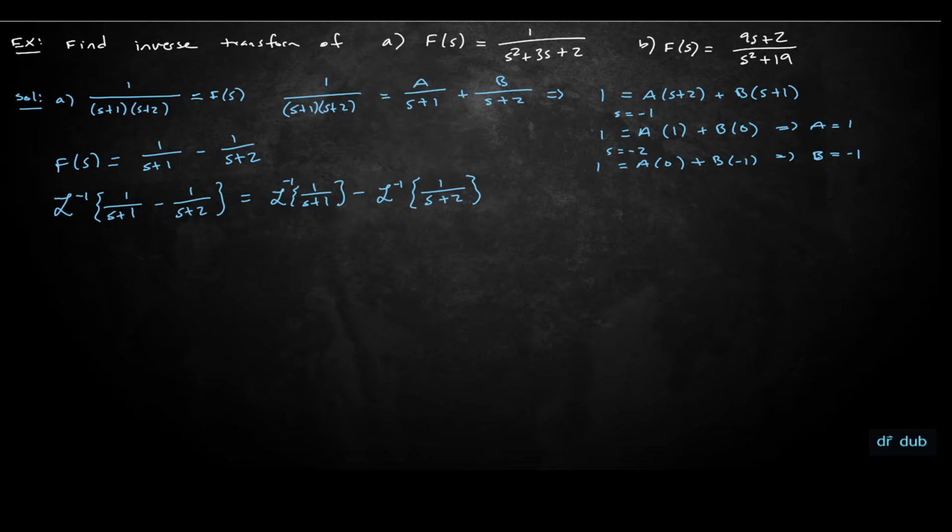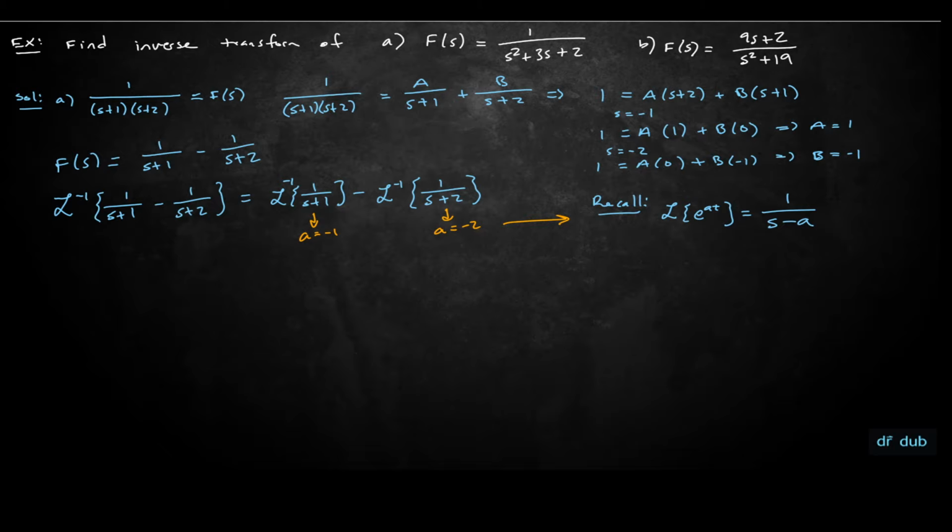Now I just need to know what is Laplace inverse of 1 over s plus 1. Well, recall Laplace of e to the at is equal to 1 over s minus a. So here we must have a equals -1, and here a equals -2, from e to the at.